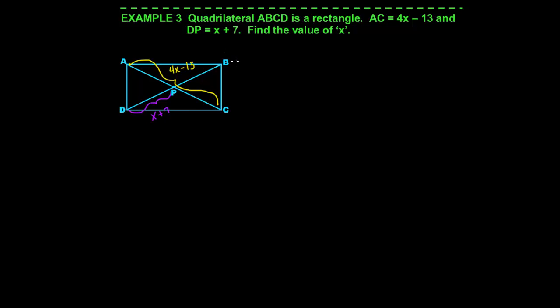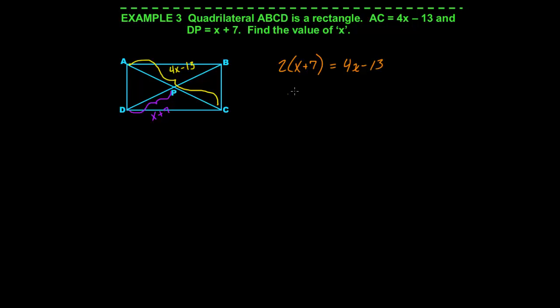So how would we find the entire length of this? Just like what we did before, we can simply say 2 times x plus 7. That's going to find DB. Now what do we know about DB? We know that it equals AC, and we know what AC is, 4x minus 13.